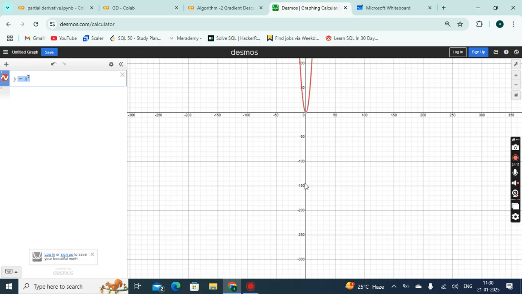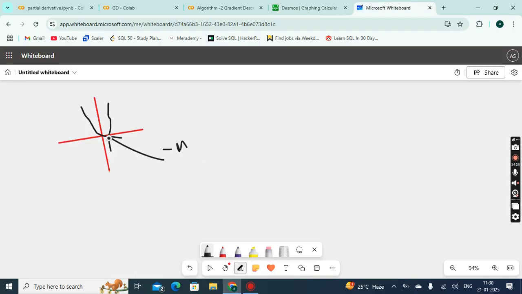It cannot go beyond 0 into some negatives, right? So this point is the point where my loss is minimum, and I exactly need to calculate that point only. So I need to get this point. Now how do I get that point?